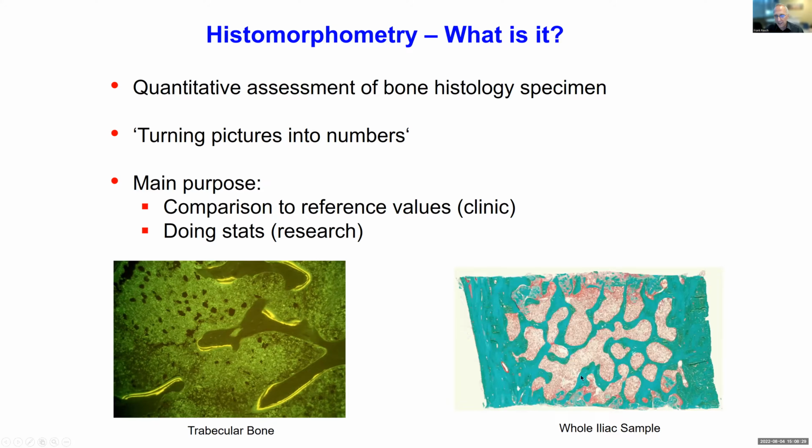And you can see here two pictures. On the right side, you have an entire bone sample. So we're going to go through that in a bit more detail. And on the left side, you have a higher magnification where you see individual trabecula. So first of all, I would like to talk a bit about how bone histomorphometry was developed.